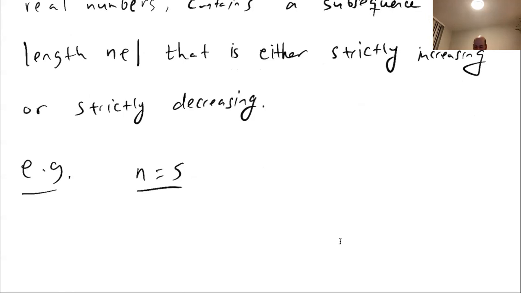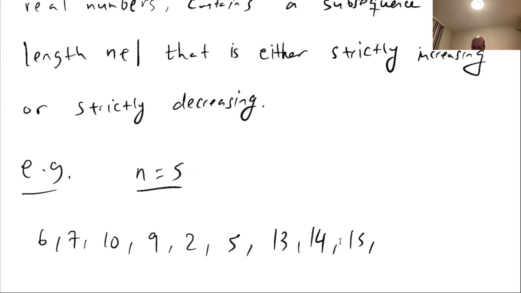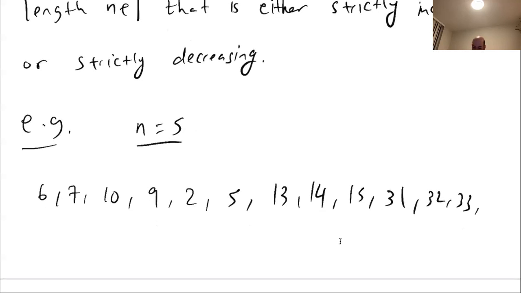So let's say, for example, 6, 7, 10, and then 9, and then 2, and then 5, 13, 14, 15, 31, 32, 33. So how many so far? 3, 4, 8, 10, 12.